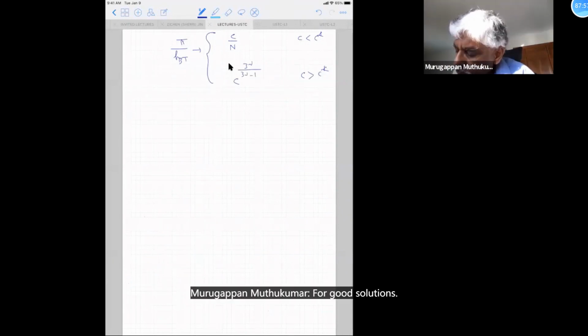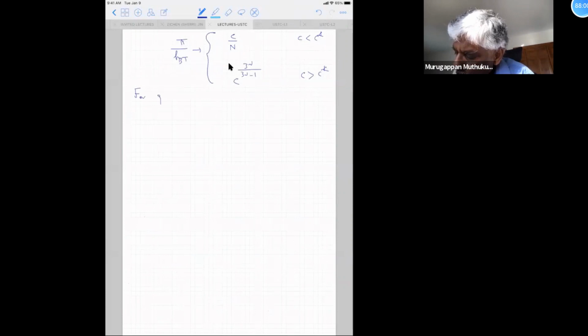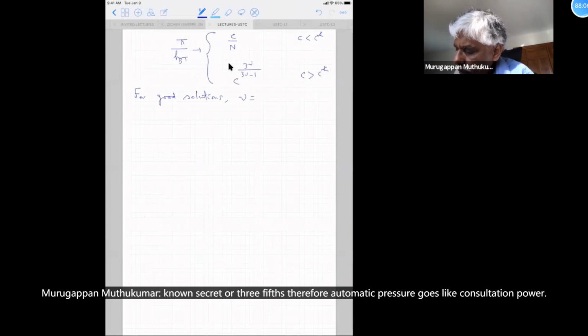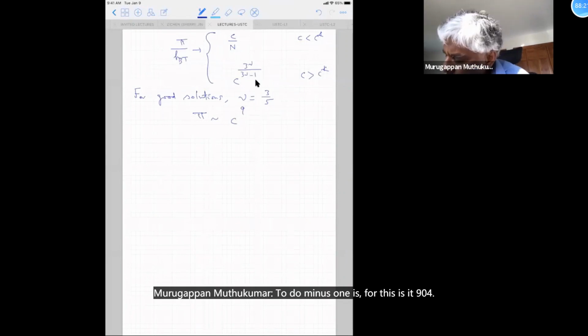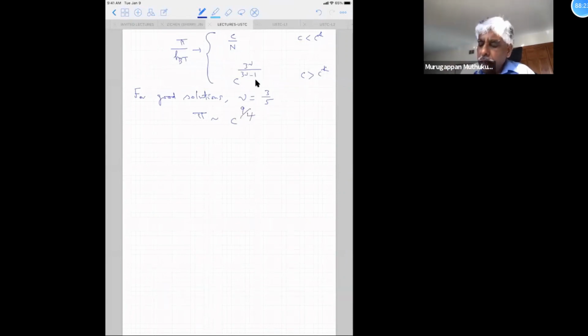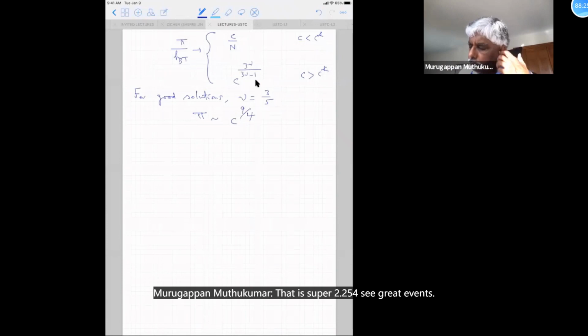For good solvents, nu is equal to 3/5. Therefore, the osmotic pressure goes like concentration power, tell me, 3 times 3/5, 9/5. 3 nu minus 1 is 4/5. This is 9 over 4. That is C power 2.25 for C greater than C star.